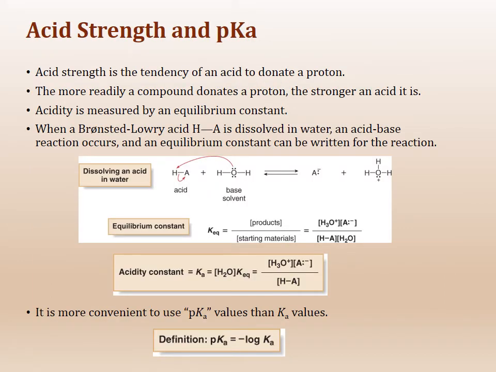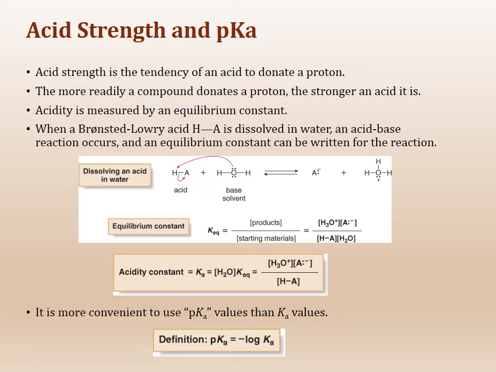Now for the acid strength and pKa, one of the most important things for any acid-base reaction is why does an acid-base reaction take place in the first place? An acid-base reaction takes place because it leads to more stable products, whatever they are, conjugate acids and bases.